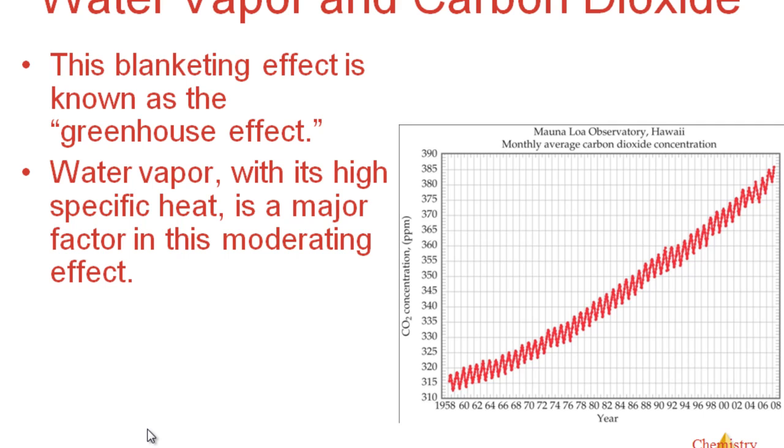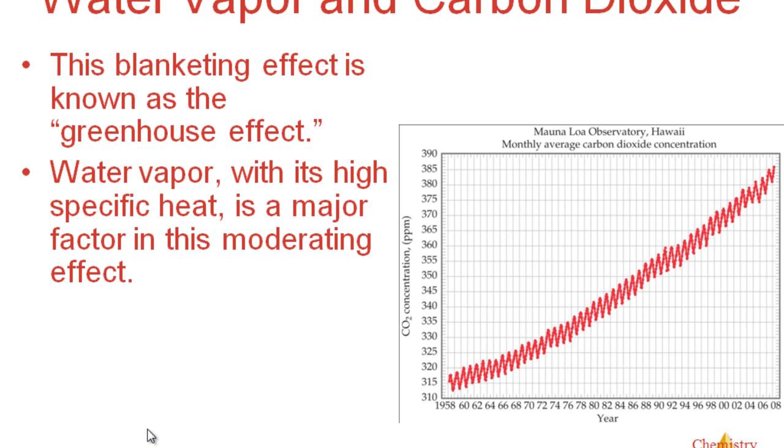Now you can understand why we feel hotter on humid days, or in humid areas: because there is so much water vapor, more of Earth's infrared radiation is sent back to Earth as heat. So we feel more heat.